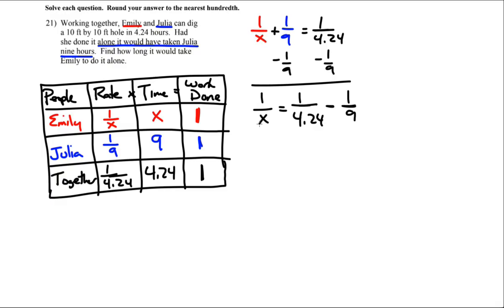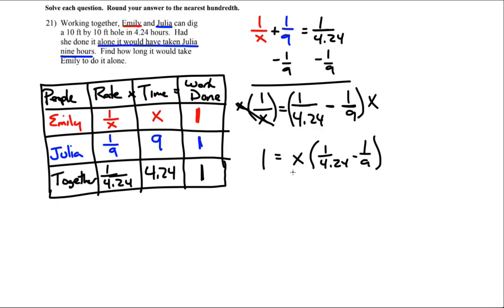I have 1 over x. So if I multiply both sides by x, those x's cancel and I'm left with 1. And on this side I have x times 1 over 4.24 minus 1/9.